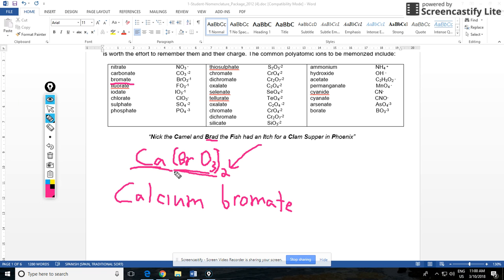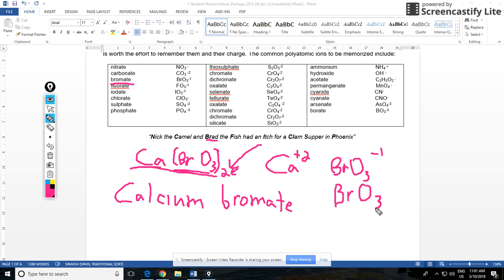What this formula means is that we have 1 calcium ion, the Ca2+, and the little number shows 2 bromate ions, so we have 2 of these BrO3- ions. This makes sense because the overall charge of an ionic compound has to be 0.